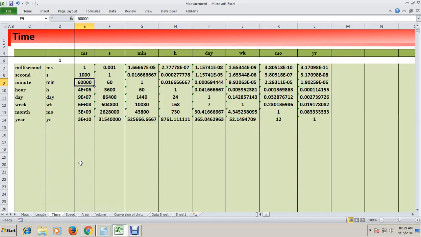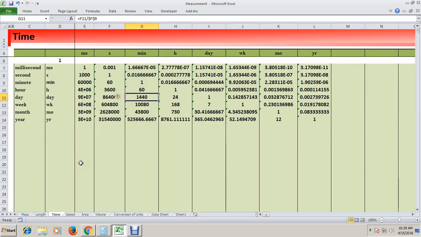We have the millisecond, the second, the minute, the hour, day, week, month, and year. Since we are more commonly familiar with the units for time, I expect that this would be easily memorized.